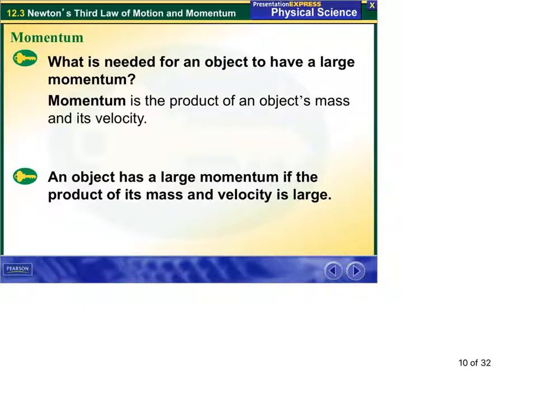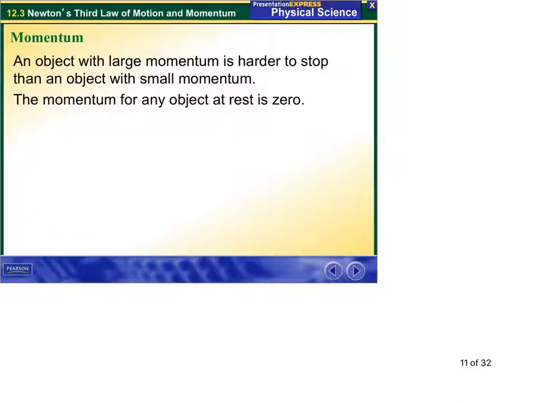The other concept related to this is momentum. Momentum is defined to be the product of mass and velocity. An object has a large momentum if its mass or velocity is large. An object with large momentum is harder to stop than an object with small momentum.